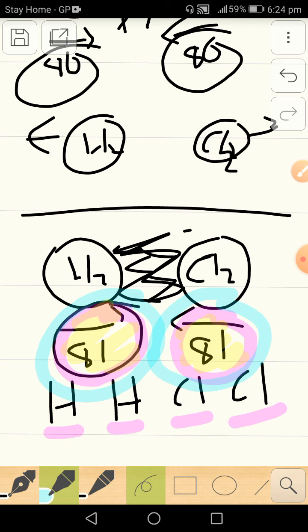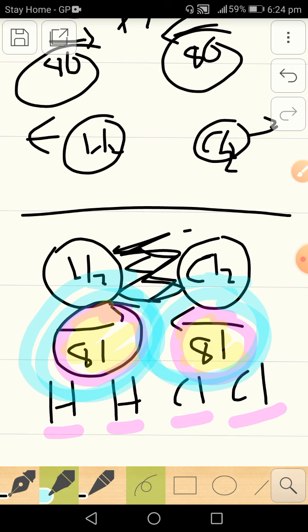Okay, so the minimum amount of energy that the particles must acquire so that they can react with each other is known as the activation energy. So if these particles have 81 kilojoules energy, then they would react.